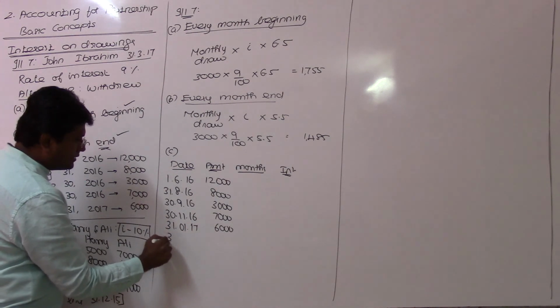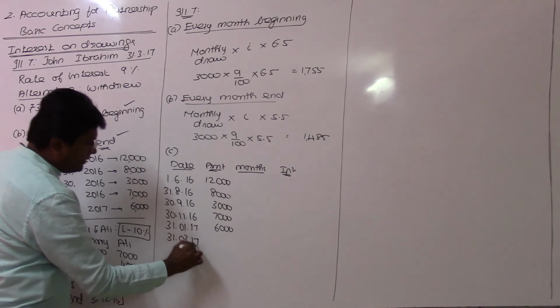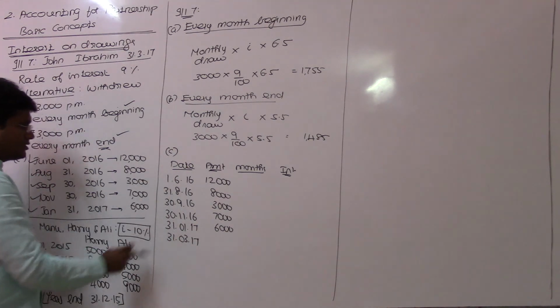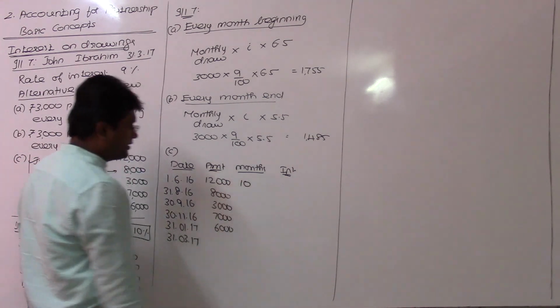So, year end is 31st March 17. From 1st June to this date, 10 months, this will be eligible for 10 months.